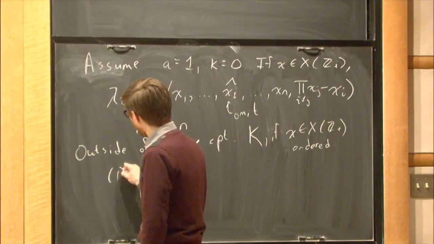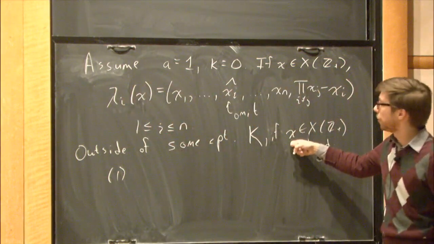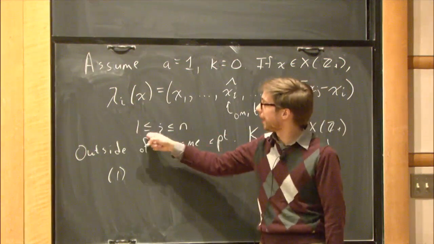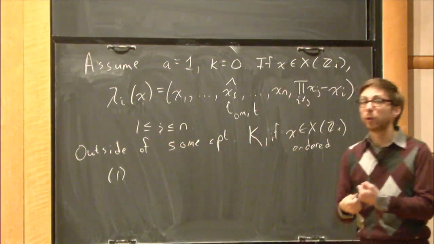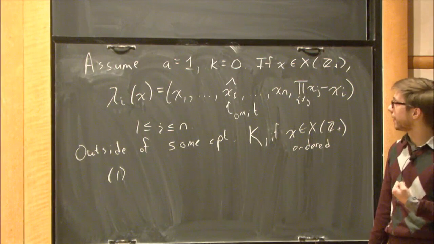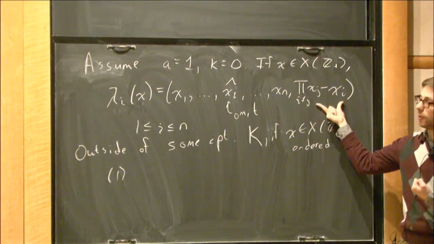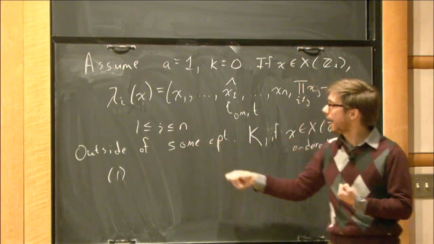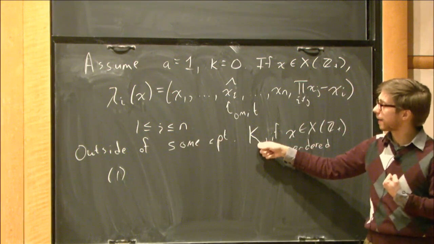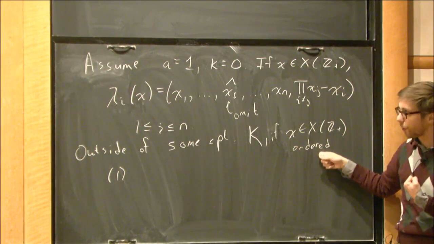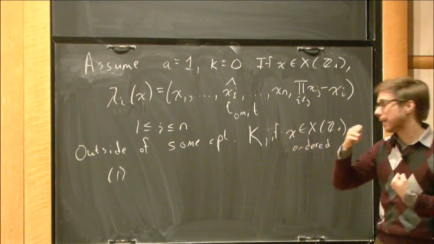Well, then it turns out that if I apply lambda i to x, if i is between 1 and n minus 1, this will raise the largest coordinate. And that's part of the reason why I wrote this new coordinate in the last entry. As long as I'm outside a compact set K, and as long as x is ordered, lambda i is raising the largest coordinate.